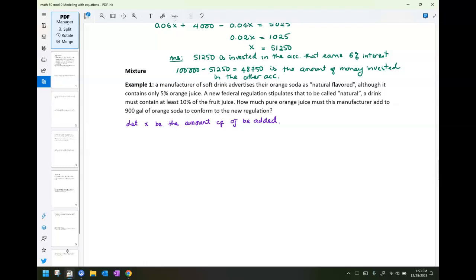So here, let's start with this. The manufacturer advertised the orange soda as natural flavor, although it only contains 5% orange juice.